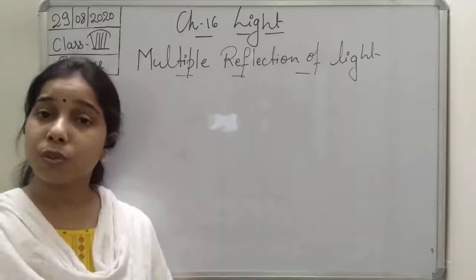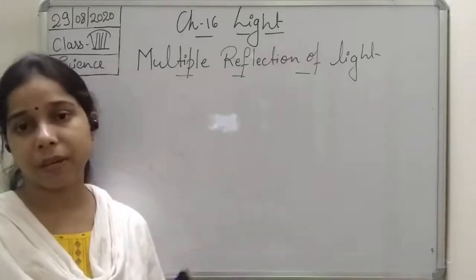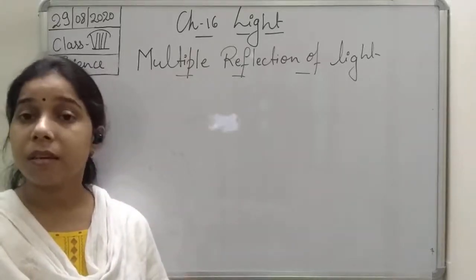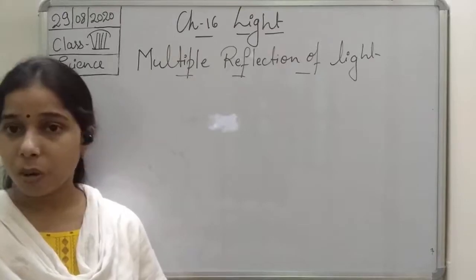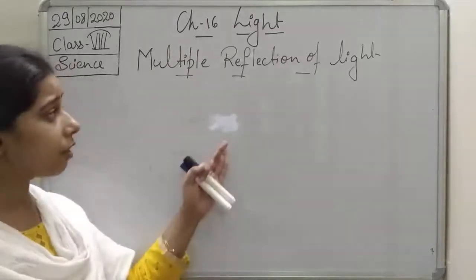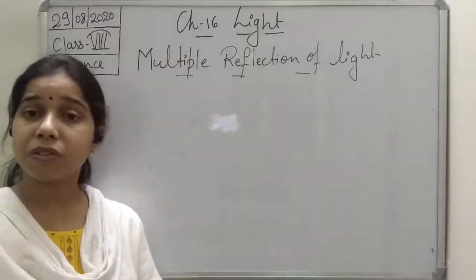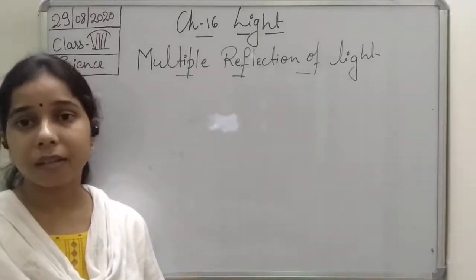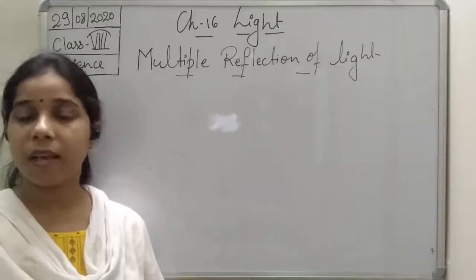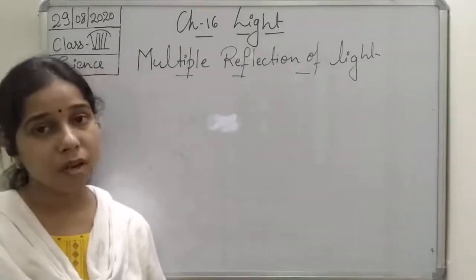The image formed due to multiple reflection is multiple images. Reflection of light causes the formation of an image, and the reflection is continuously occurring, so many images will be formed.